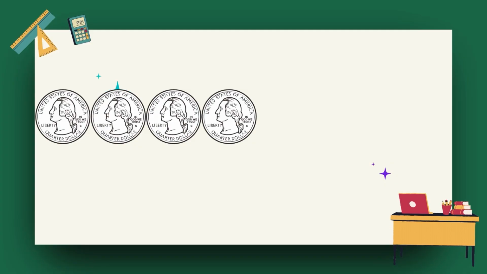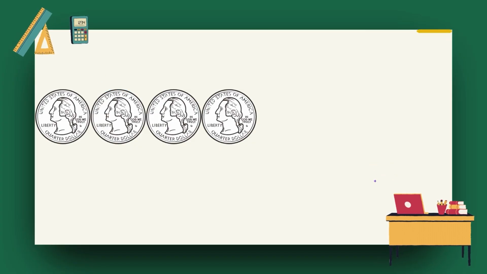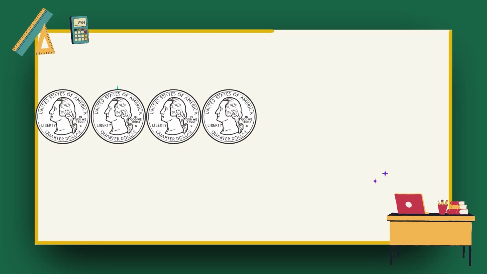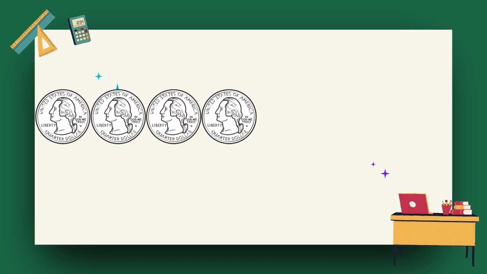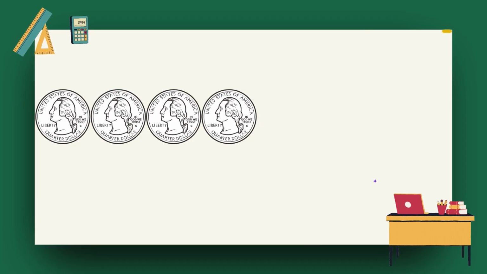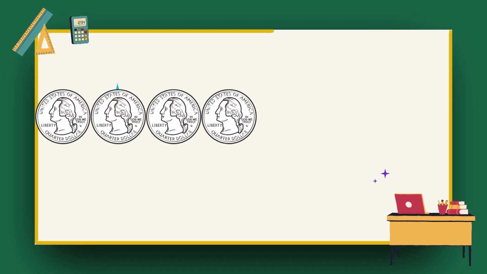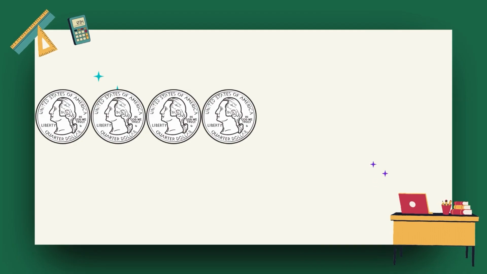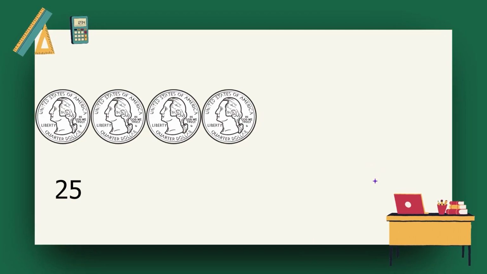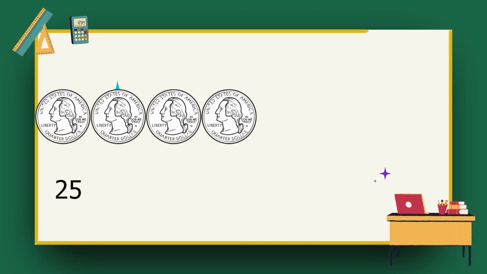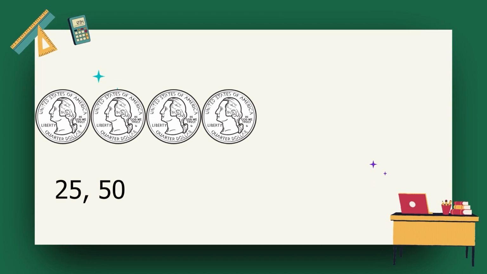But the next one, quarters, is a little bit new to us. So they're worth 25 cents. And we kind of just have to probably learn how to count by them this year because you might not have ever counted by 25s before. So 25 is 1 quarter. 2 quarters is 50 cents.